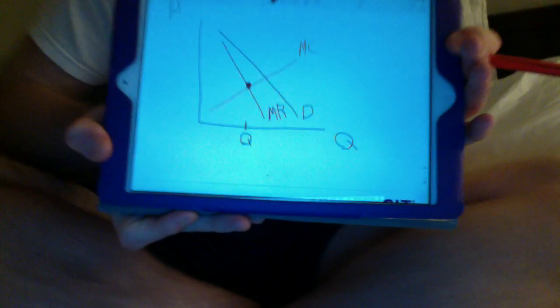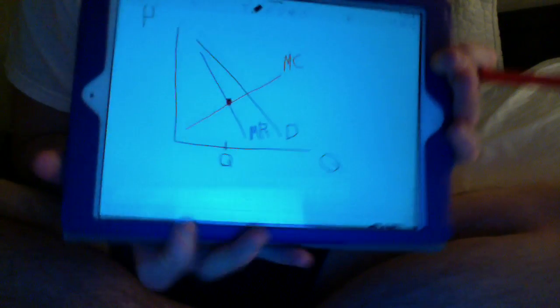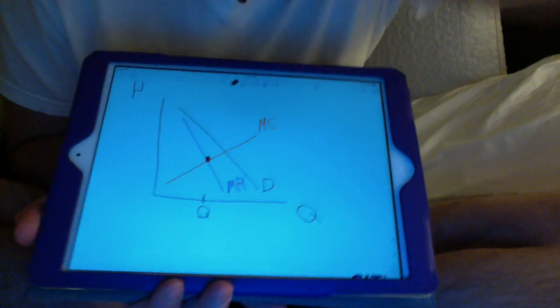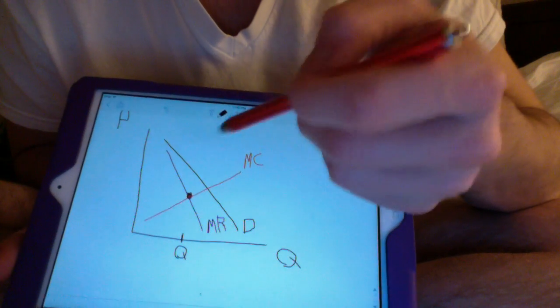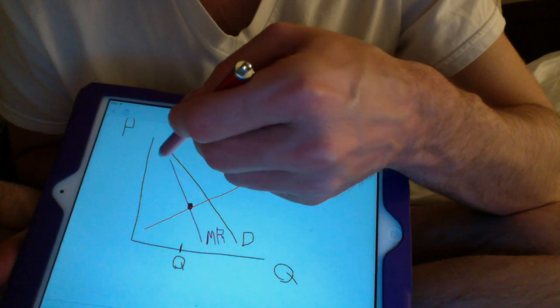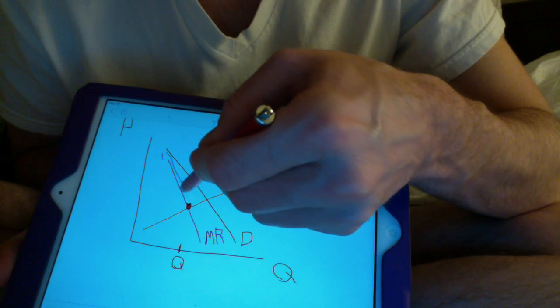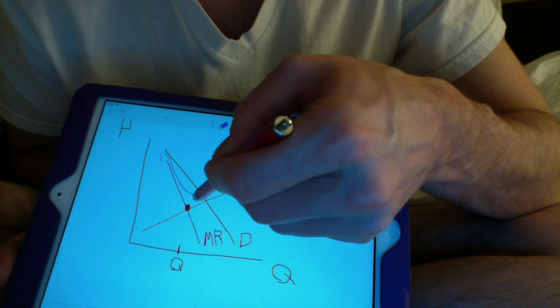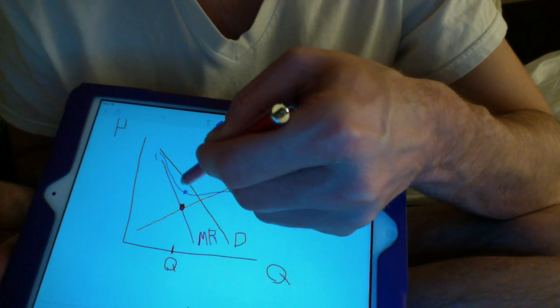So, well, what happens? It depends. In this case, we need to know where our average total cost is. So let's say average total cost is, and I'm going to do this in blue, right here. Something like that. Here's average total cost.